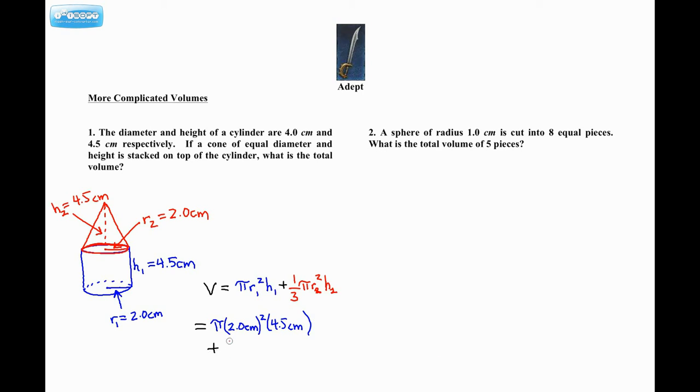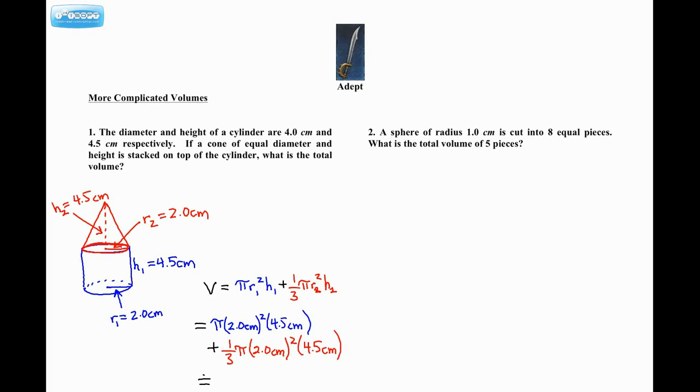And in red, 1/3 times pi times 2.0 centimeters squared times 4.5 centimeters. All right. Take my calculator. Working it out, I get approximately 75.4, and this is a volume, so that's cubic centimeters. Here, I'll box this one. So that's our answer to the nearest tenth.